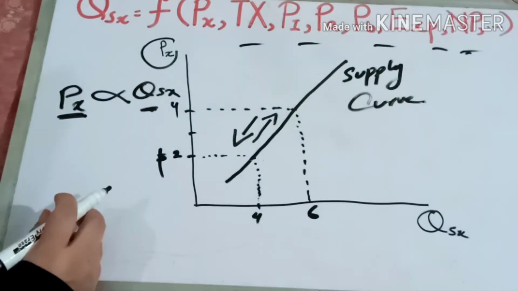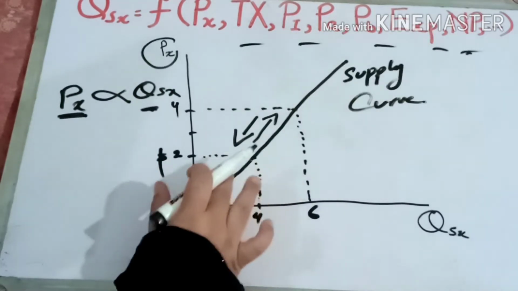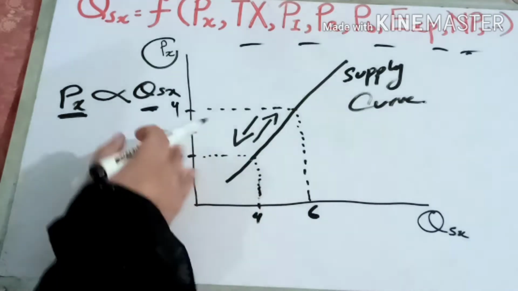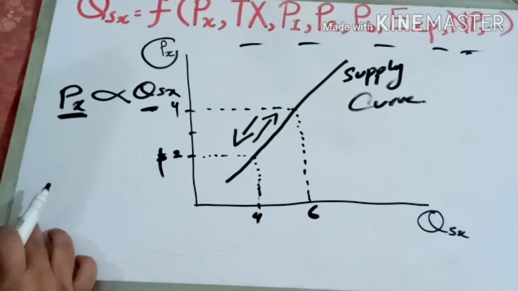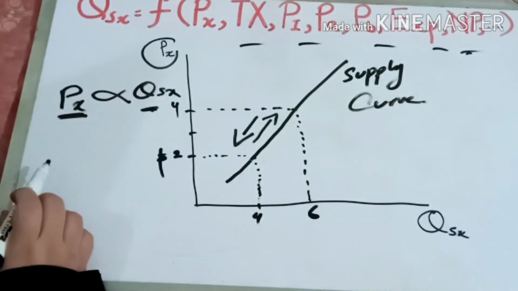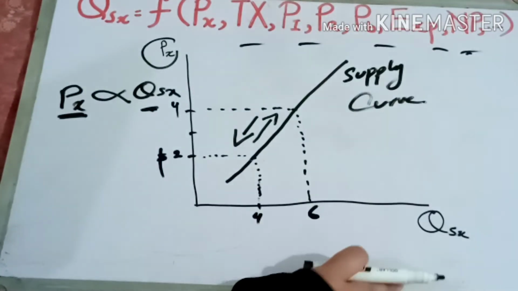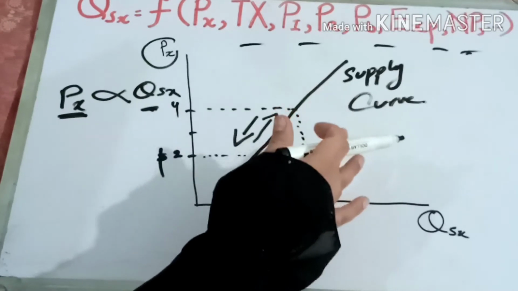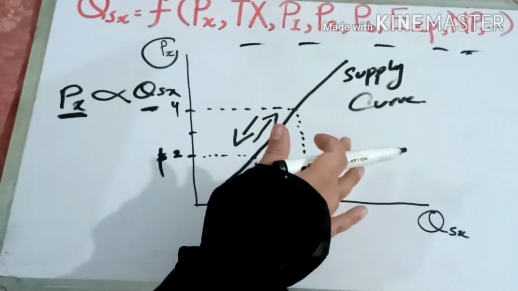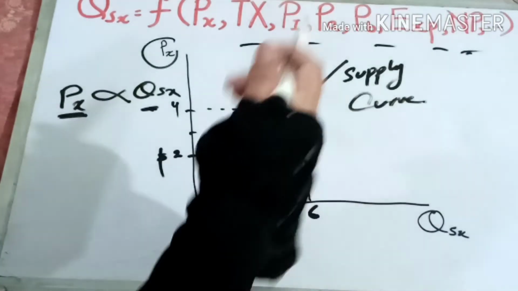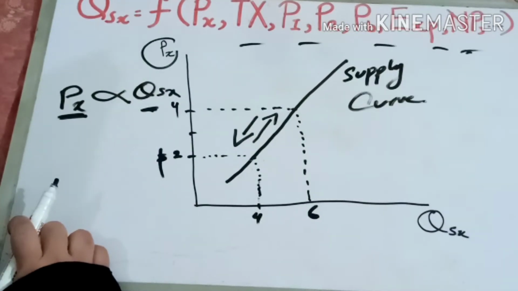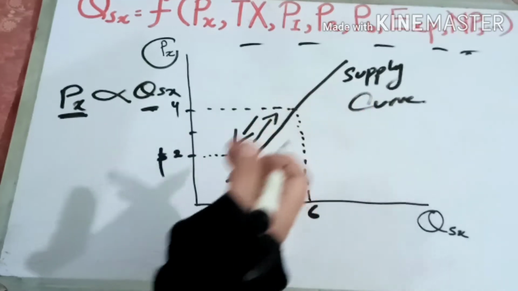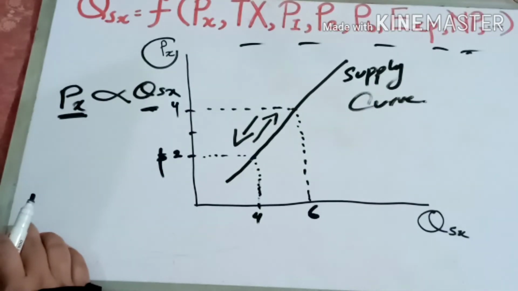A supply curve generally slopes upward, which indicates a positive or direct relationship between the price of the product and the quantity producers are willing to supply. A higher price typically gives producers an incentive to increase the quantity supplied of a particular product, because higher production is more profitable to them.